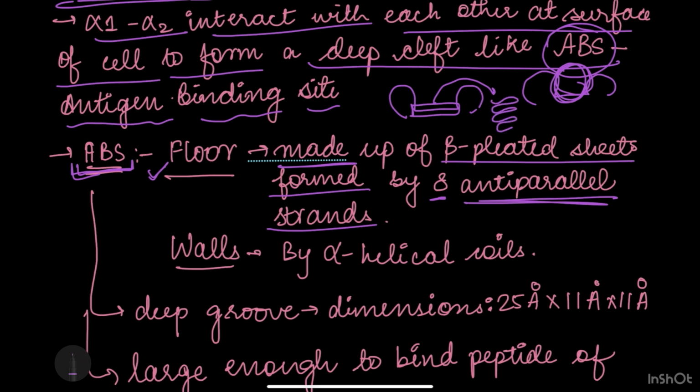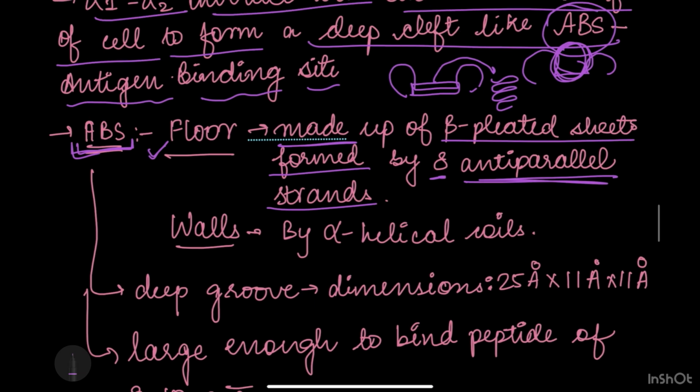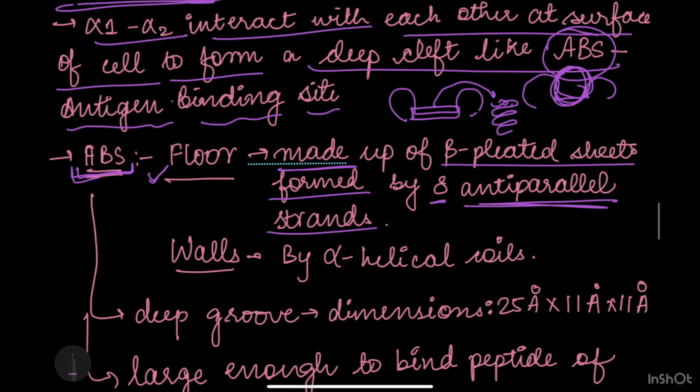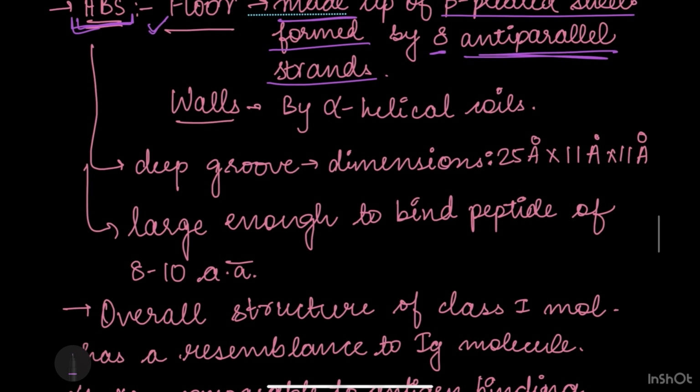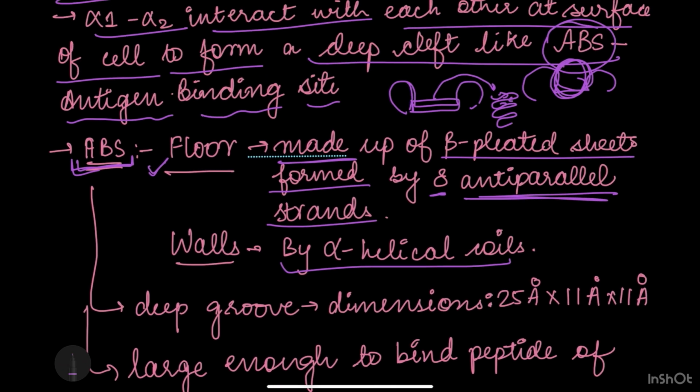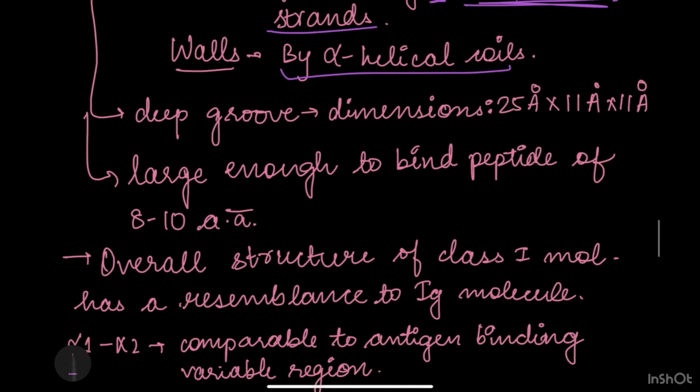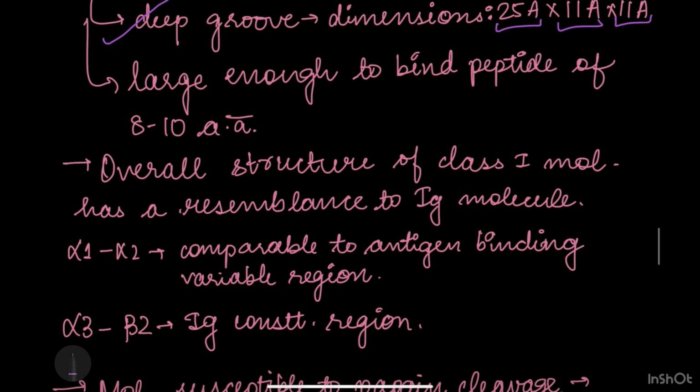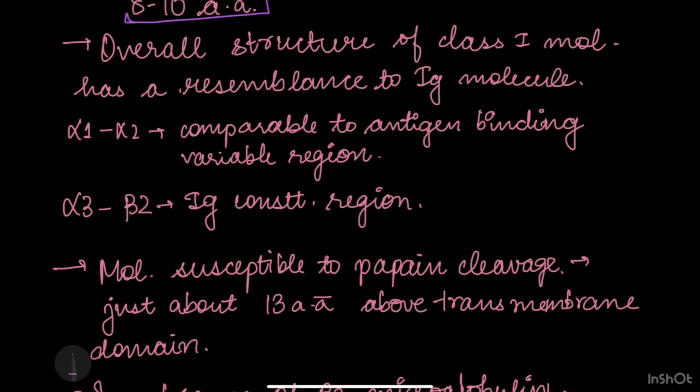Anti-parallel means one goes this side, one goes this side, right? Walls are made up of alpha helical coils. It is a deep groove with dimension 25 Angstrom by 11 Angstrom by 11 Angstrom. It is large enough to bind peptide of size 8 to 10 amino acids.